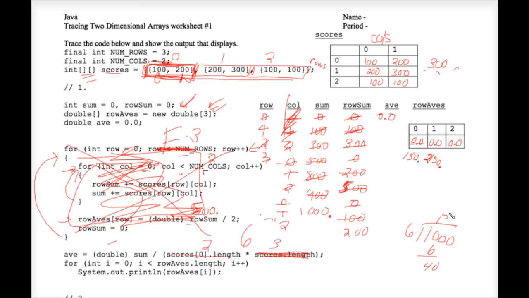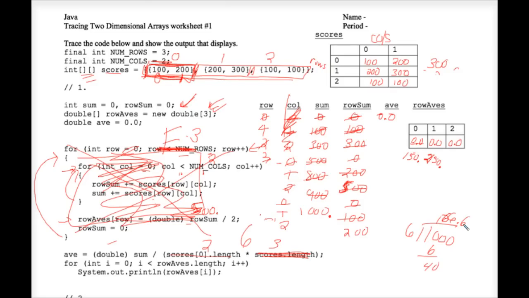And check my work, but I get 166.66666 repeating. And Java chops that off at some point, something like the 6th or 7th decimal place usually. It doesn't really matter. The AP exam won't require you to know that. And it does not round for you.